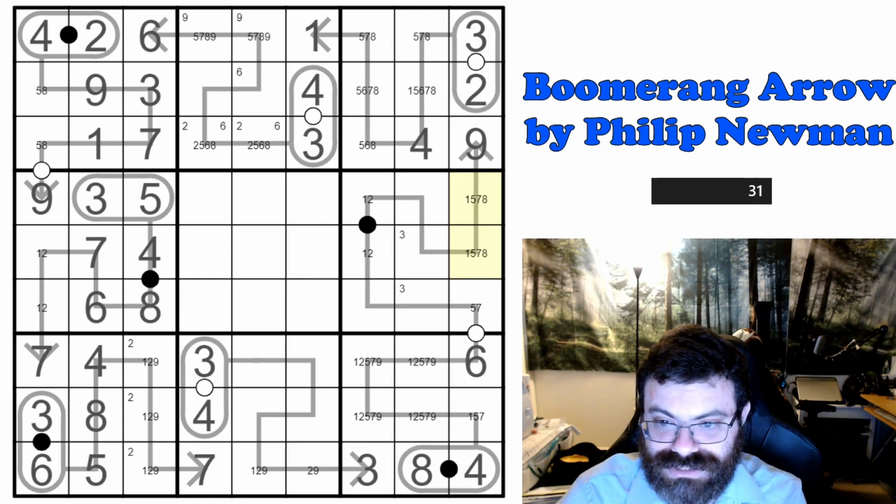So that means one of these two is an 8. Six is in one of these two, just based on this box here. So this can't be 6. That sticks a 6 in here somewhere.